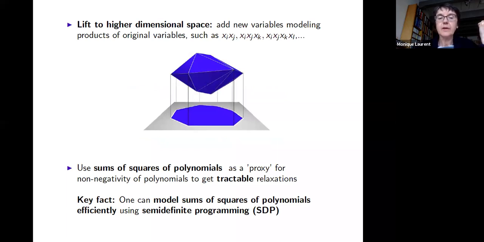A second key idea is to replace non-negativity of polynomials, which is a hard condition, by a proxy which is easier to test. And this proxy uses sums of squares of polynomials. The key fact is that sums of squares of polynomials can be modeled using semidefinite programming.